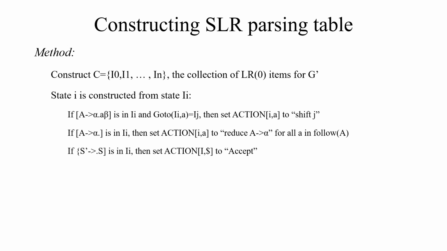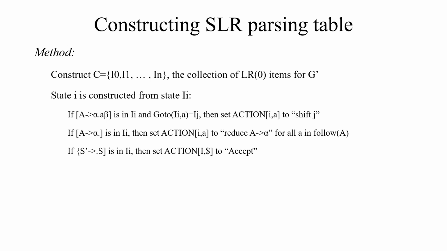If it is in I i, then we have to write goto of I i on taking input small a, so we are reaching state I j. So we have a transition from state I i to I j on taking input small a. Also set the action part in the table, where we have to write shift j in row i and column small a. Clear, very simple. You just give the transition as well as fill the table entry.